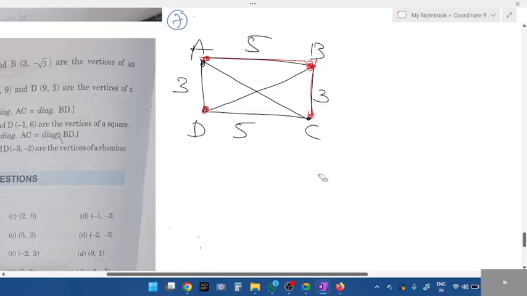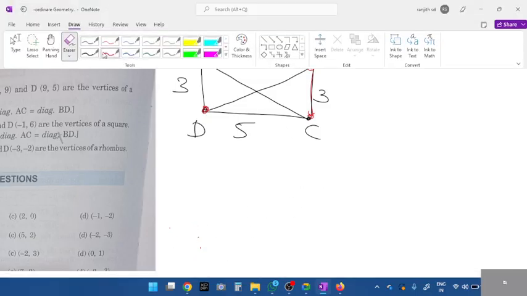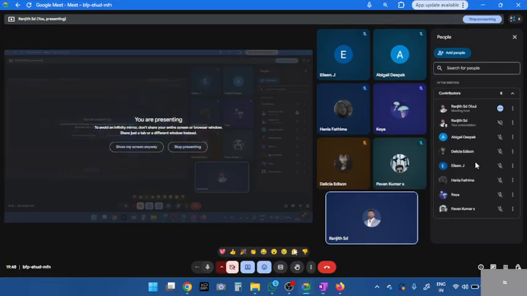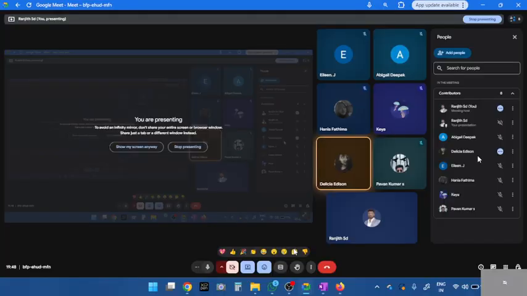What is the formula? Delisha, what is distance formula? What is distance formula, Delisha? Can you respond? Unmute the call and respond. What is distance formula?